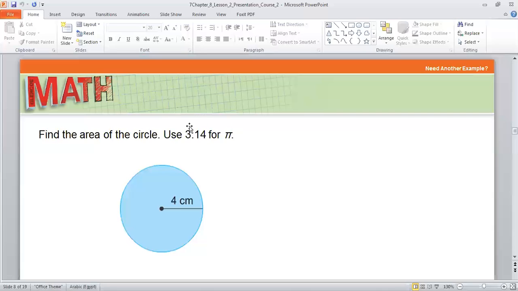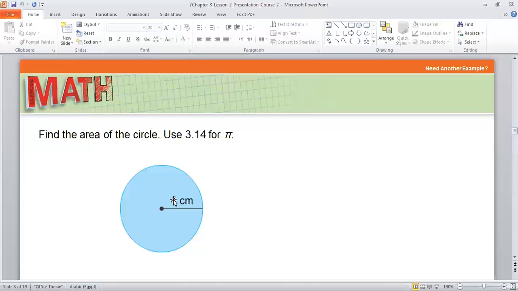We will remove pi now and put 3.14, right? Because he said use 3.14 for pi. Is it clear? Yes. So I will remove pi and substitute it by 3.14.